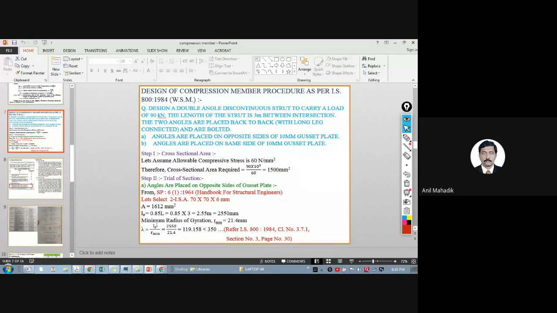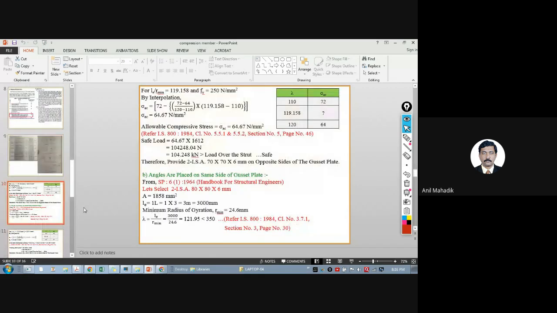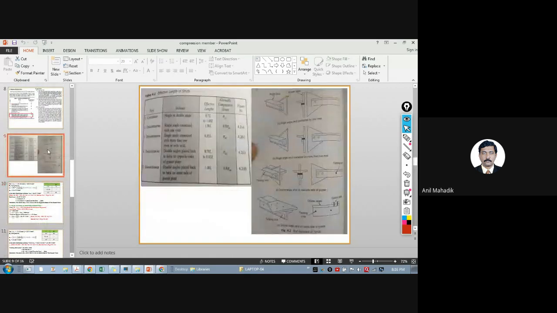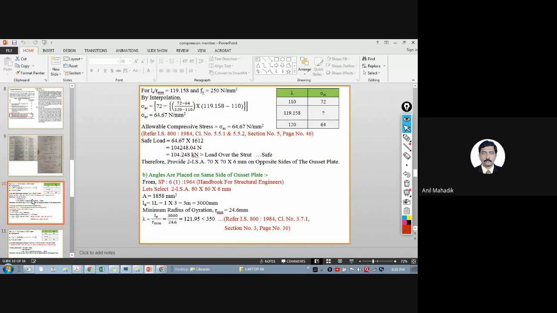L effective, R minimum, you know how to calculate all these things. Then sigma AC how we calculate, say let's say L upon R इसका कितना है 119 है. 119 is the slenderness ratio.